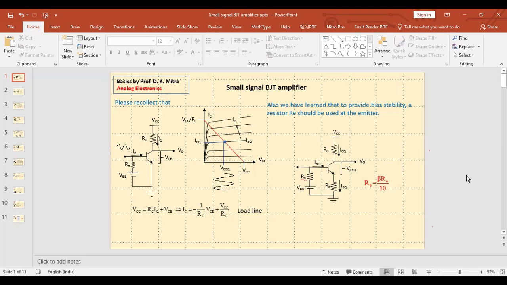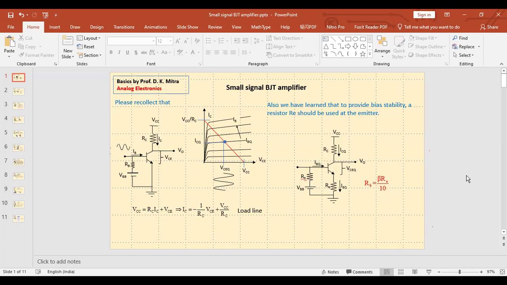you heard the diode characteristics, the nonlinear characteristics. And transistor's base emitter junction is actually a PN junction, so its characteristics is nonlinear.